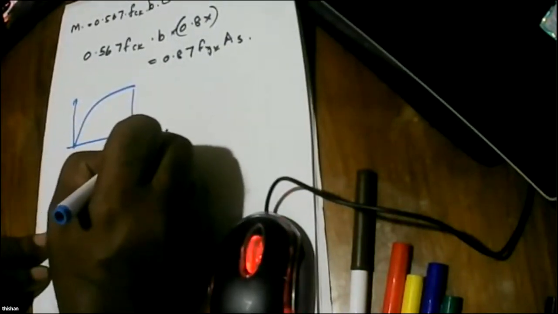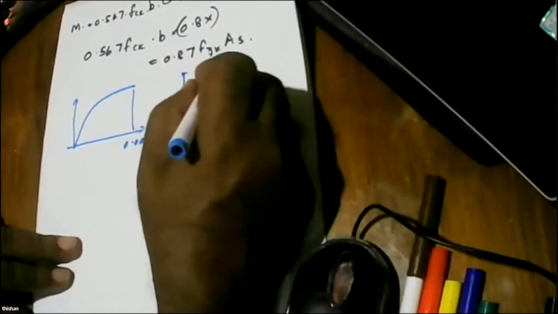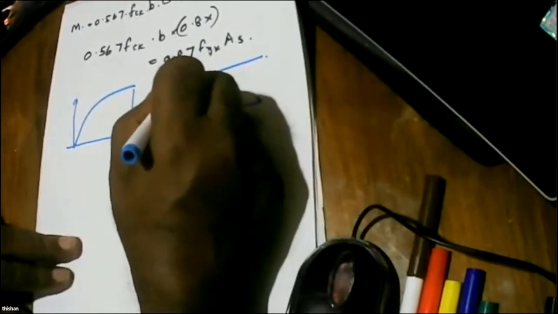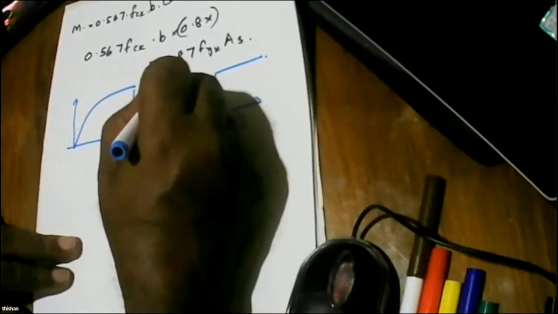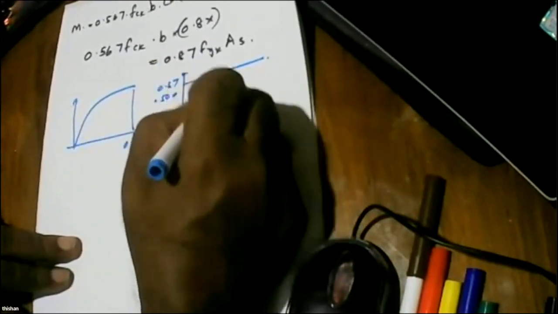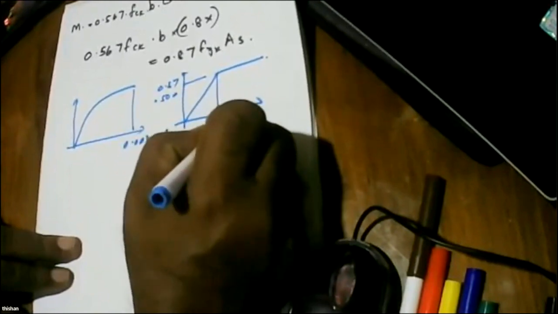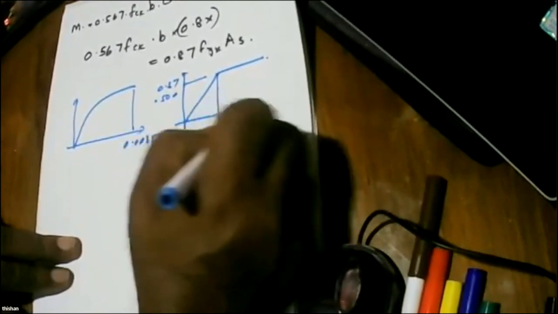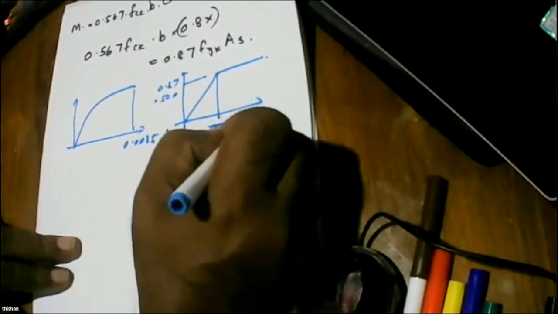Right now we have two stress strain curves. One is this for concrete, the other one is this, and this is 0.87 times 500, and here you get a number called 0.00217. And how do you get that number?